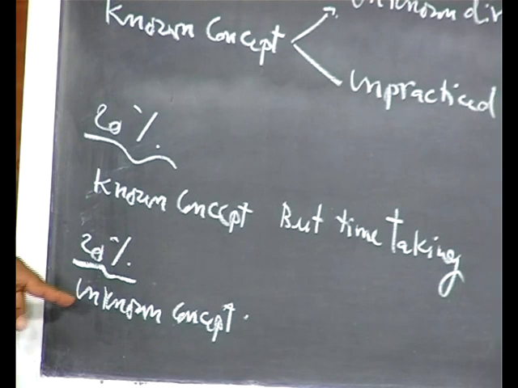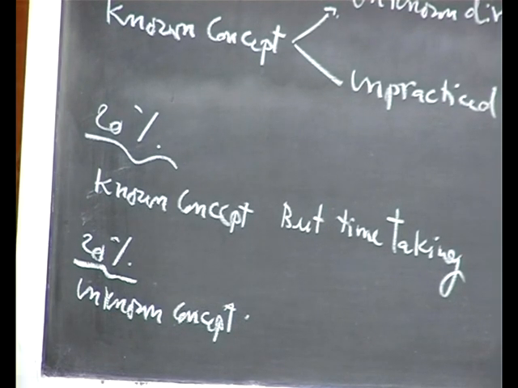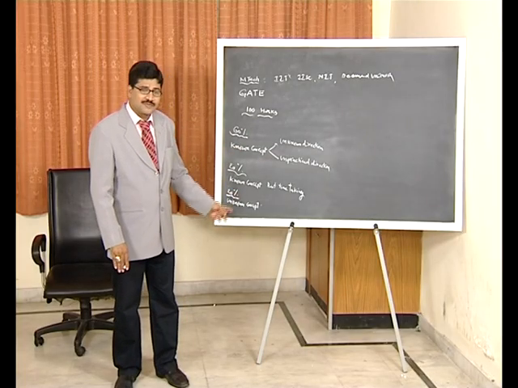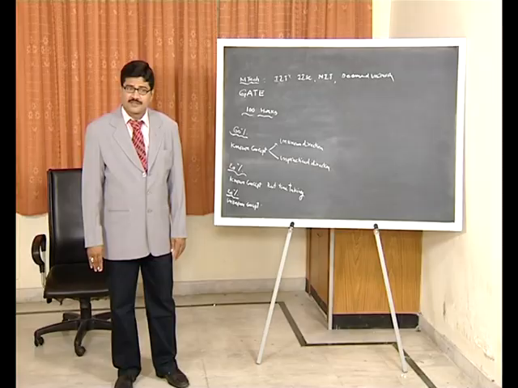If the student practiced well for at least 1 year for this examination, definitely these unknown concepts also become known by practicing at least 1 year for the GATE examination. If the student practiced 2 months or 1 month, that is not sufficient to attempt all the types of questions.